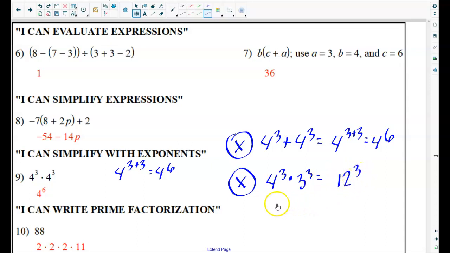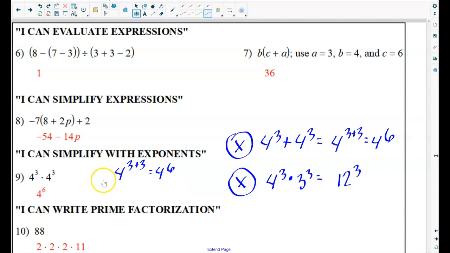That's wrong. What else? They might. I'm not sure. All right. I've seen different things, but the main thing is this property that you're going to be practicing is specifically for when you have the same base being multiplied.